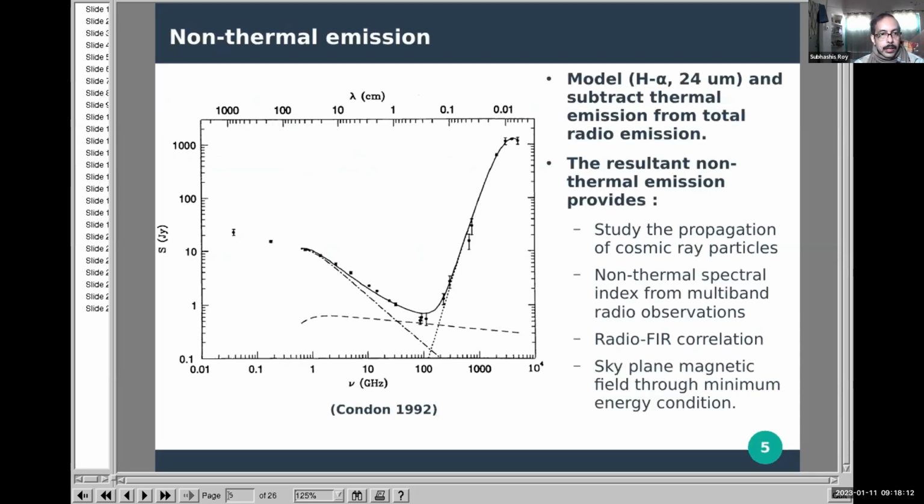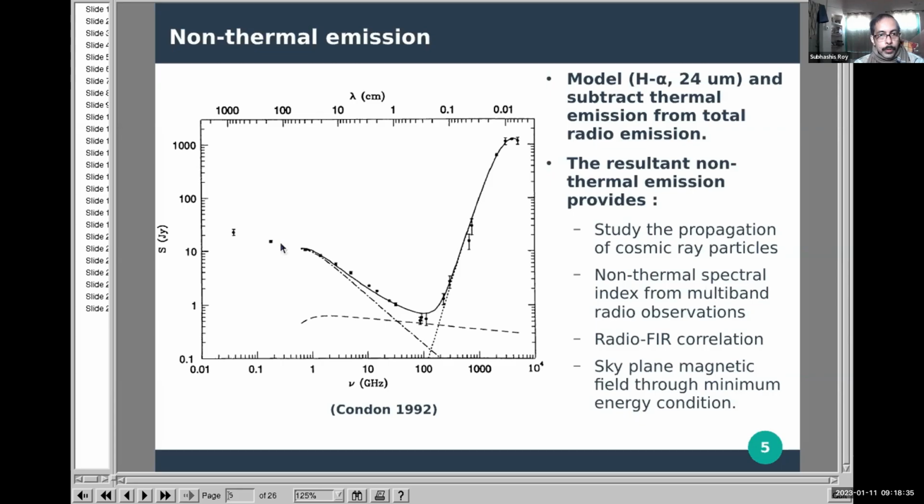This is the same thing but in a different way: how the non-thermal emission behaves at different frequencies. As we can see from Condon 1992 review paper, at lower radio frequencies it is really the synchrotron emission which predominates, particularly below 1 gigahertz or so.